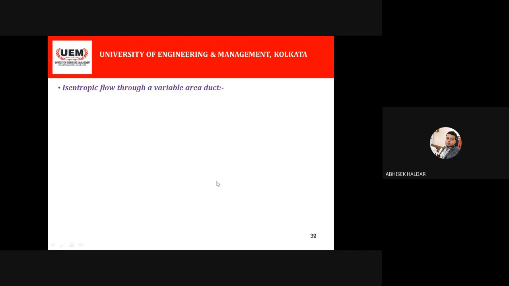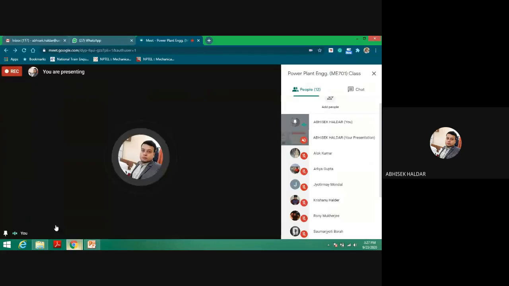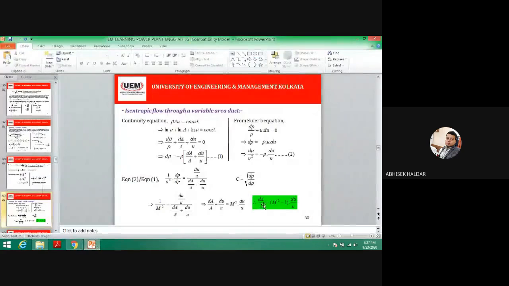Now we will discuss something about isentropic flow. I am sticking to isentropic flow through a variable area duct.